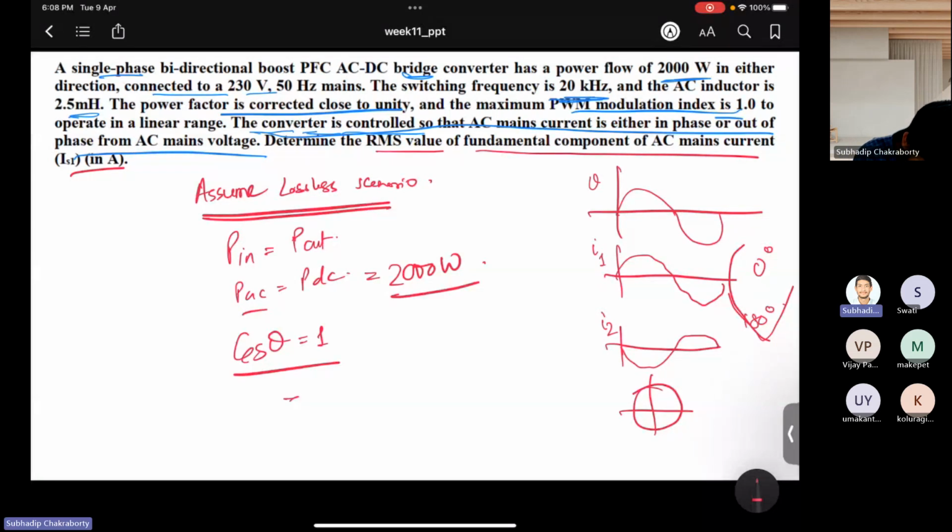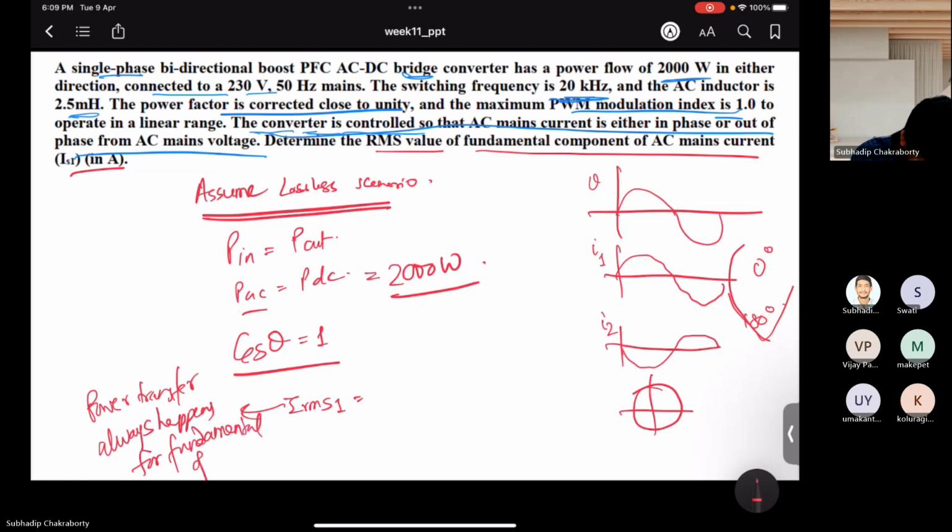So what is IRMS? Fundamental, because power transfer always happens for the fundamental of V and I of the same frequency.